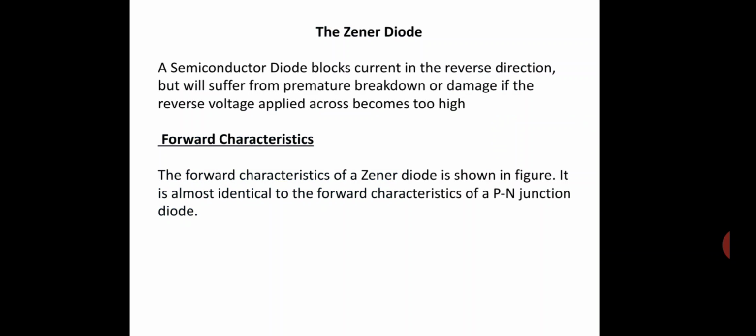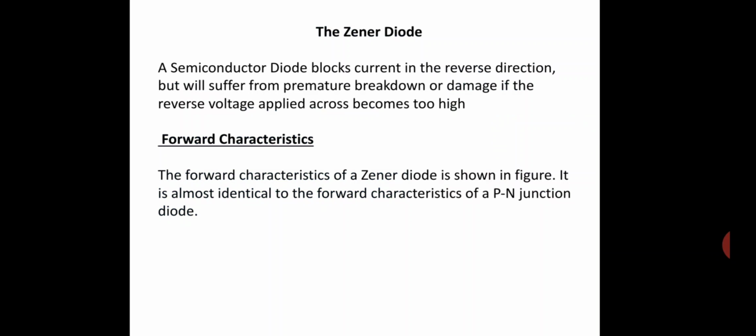So a Zener diode is a silicon semiconductor device that permits current to flow in either a forward or reverse direction. The PN junction diode doesn't work in reverse direction, but the Zener diode permits current to flow in either a forward or reverse direction.